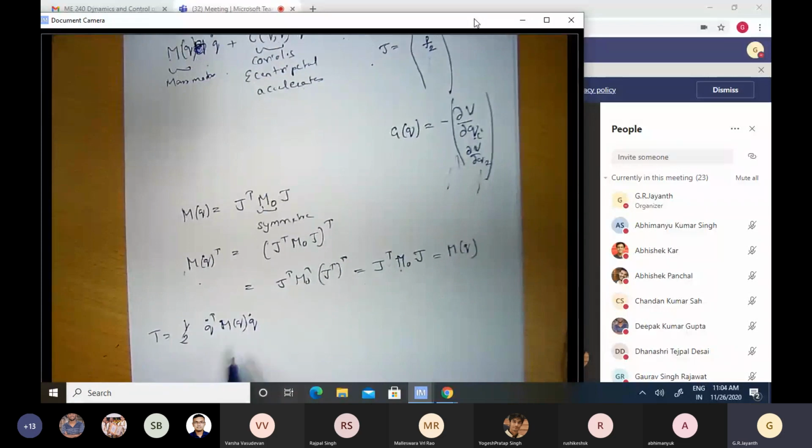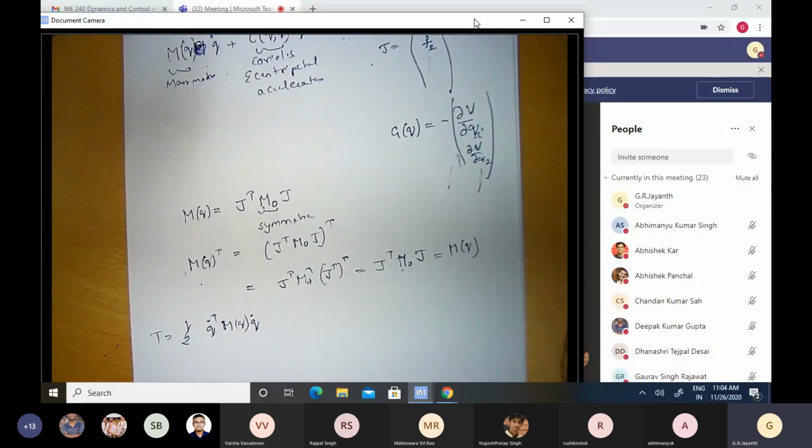So when any one of the entries of Q dot is non-zero, the kinetic energy will also be non-zero. There is never a value of Q dot for which the kinetic energy becomes zero.